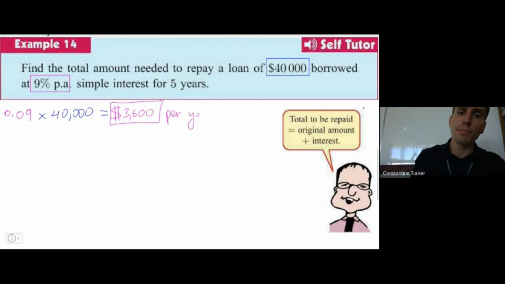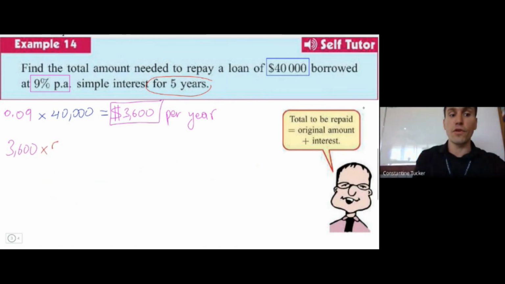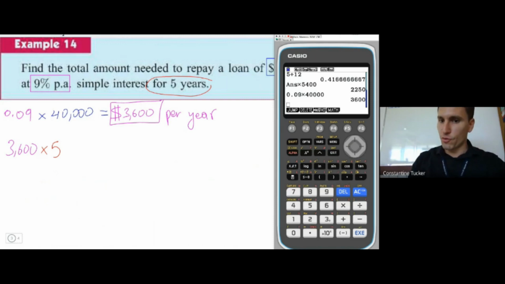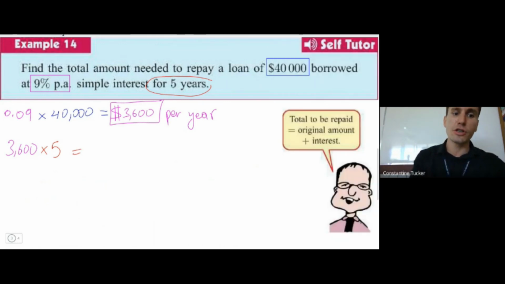Okay. So now how many years? For 5 years. So what we do is we take this amount and multiply with 5. Now let's see. 3,600 times 5 gives us $18,000. So this is going to be $18,000 in 5 years.